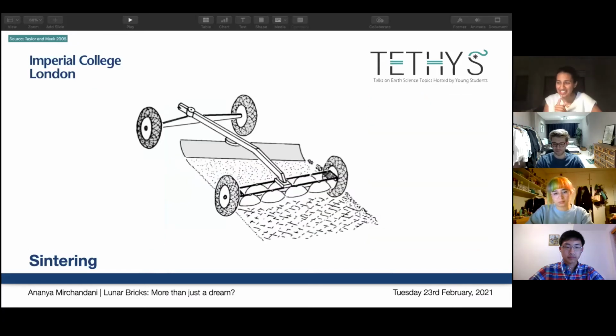An interesting party fact is that Taylor and Meek in 2005 derived that theoretically, if we microwave regolith using just the power of a kitchen oven, we can reach temperatures of up to 1200 degrees Celsius, which would enable melting the regolith in just a few seconds due to the nanophase iron oxide present in glassy regolith. I just find that hilarious. It would be easier for me to melt regolith than boil a cup of water. How cool, science.